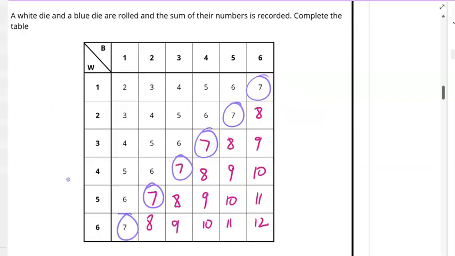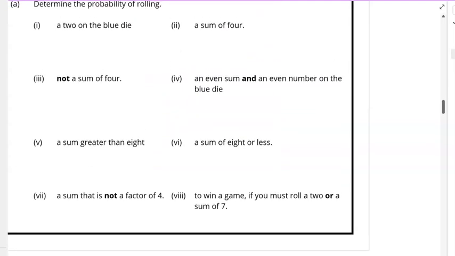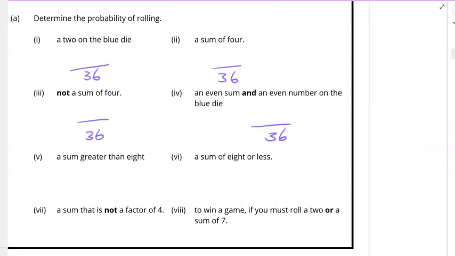Back to our sample space, which shows all the possible outcomes for a sum of 2 die on a 2 die roll. Answer the question, see how you go. With this first one, we get 6 out of 36 or 1 on 6. Logically, it should make sense that it is 1 out of 6, because there's one chance of getting a 2 in 6 on one die.